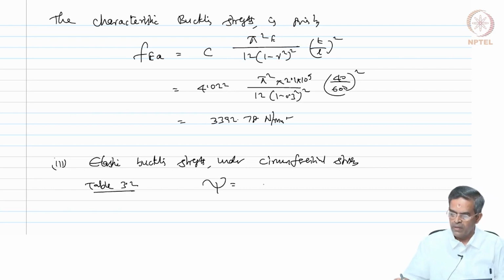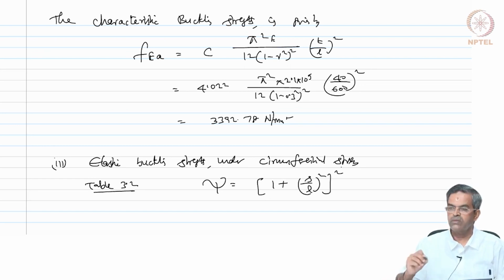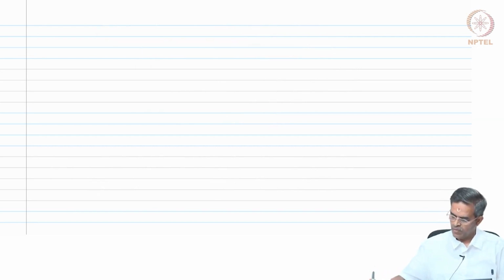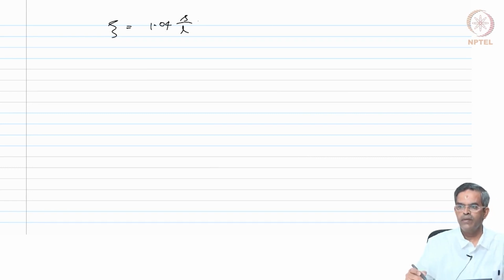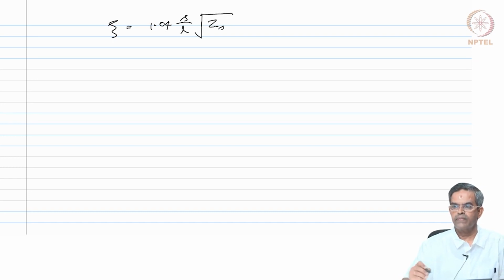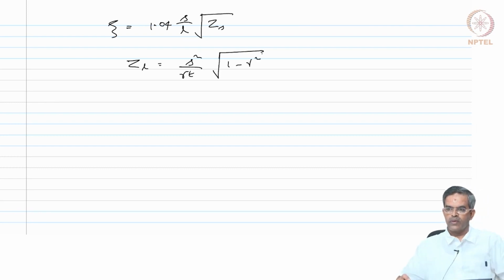So, we say psi is 1 plus S by L the whole square, and we call this equation number 60A. Zeta is 1.04 S by L root ZS, and ZL is S square by RT root of 1 minus nu square.